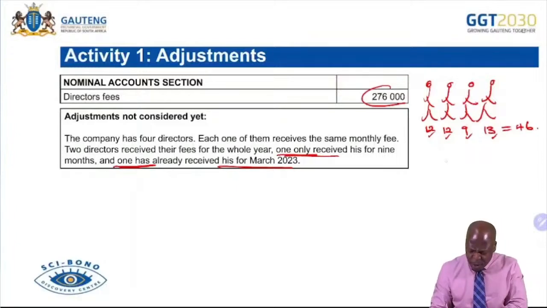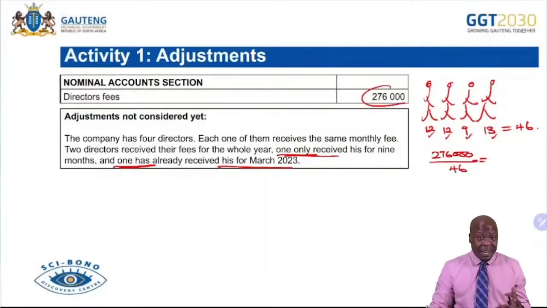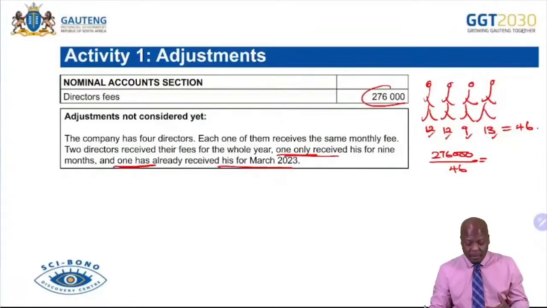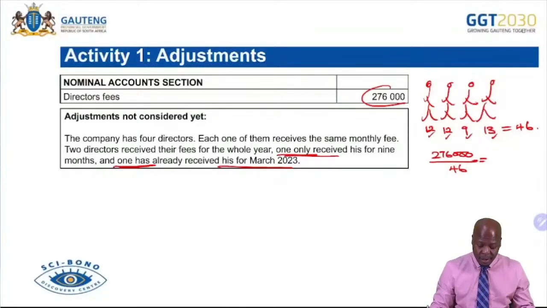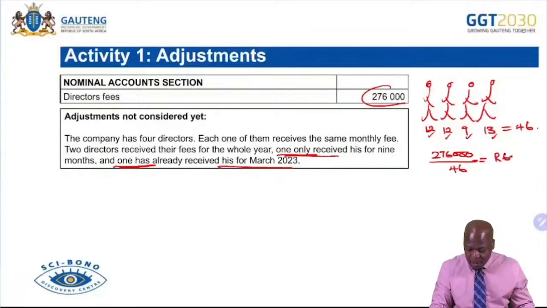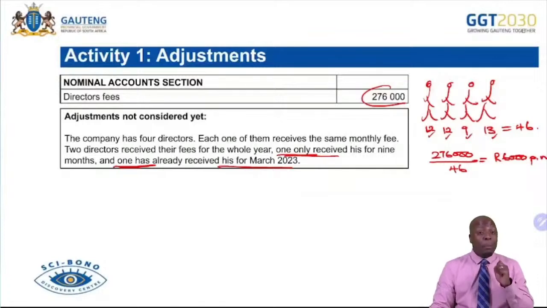So if the 276 is for the 46 months, how much is per director per month? So we simply take the 276, we divide it by the 46 months, and it will give us an amount of 6,000 rands per month. What does that mean? We're paying each director 6,000 rands per month.